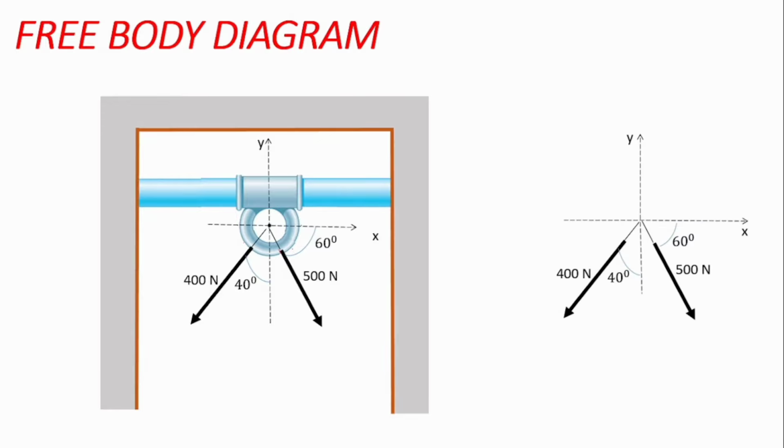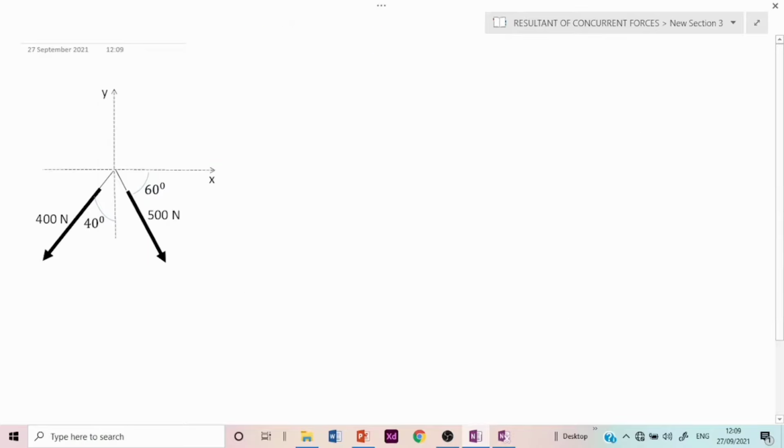So we can quickly bring out our free body diagram as shown, assuming the pipe is a particle, that's neglecting its dimensions. We are going to first solve it using the diagrammatic approach, wherein we are going to produce a parallelogram of forces.